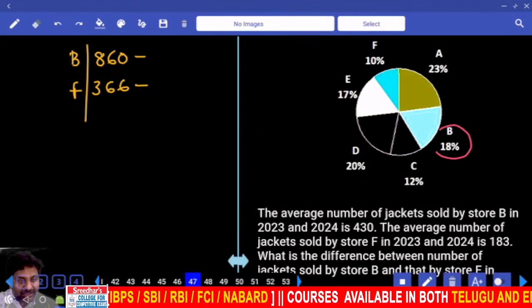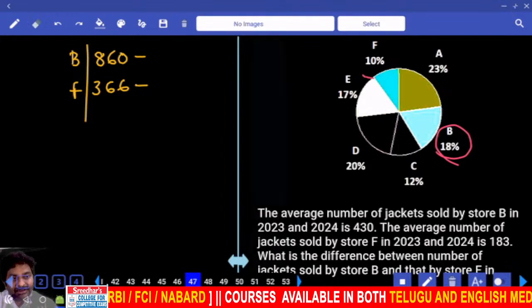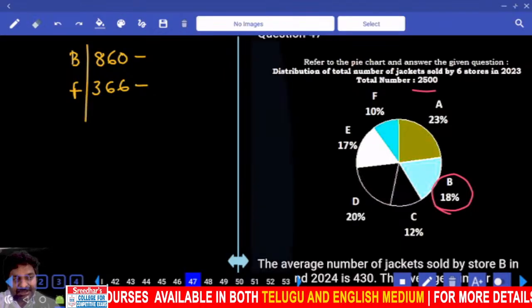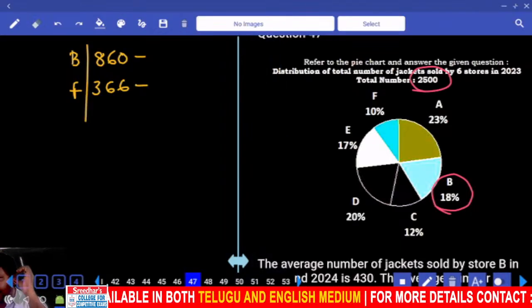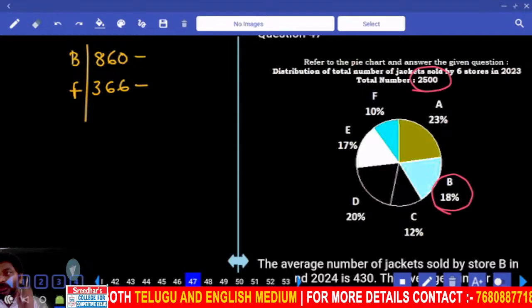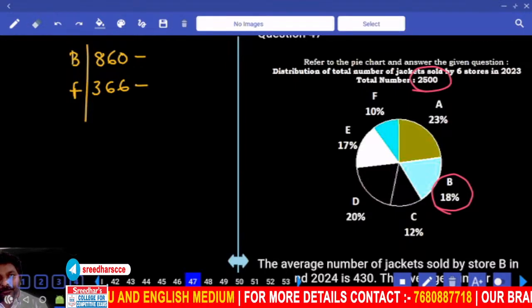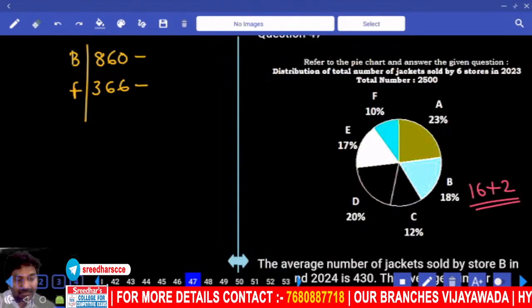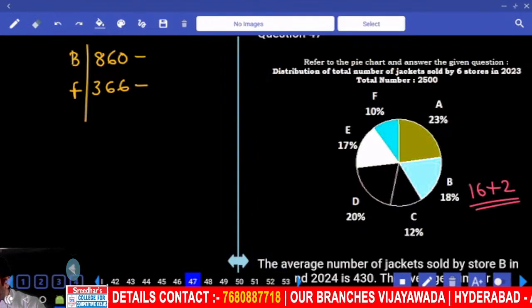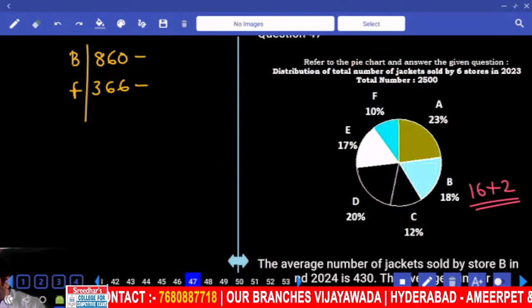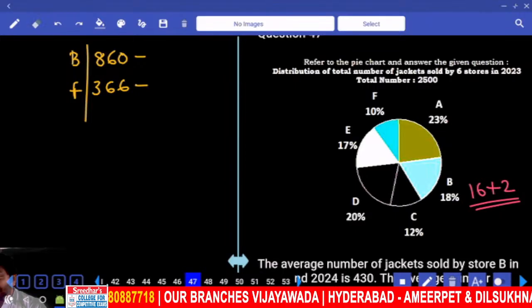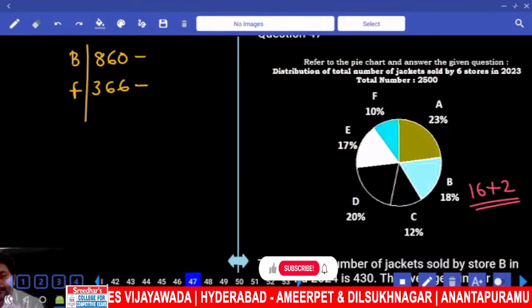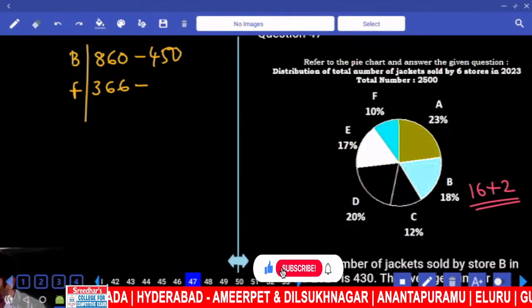2023 B 18%, F 18% calculated on 2500. What is 1%? 25. Can we write 18% as 16 plus 2? 425, 825, 1625 plus 2 more 25s, 450.